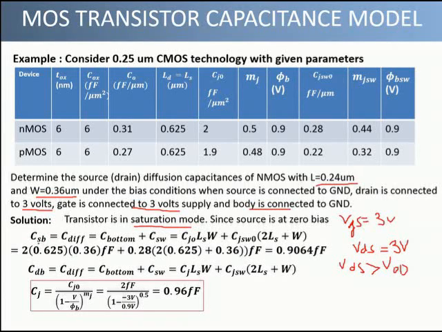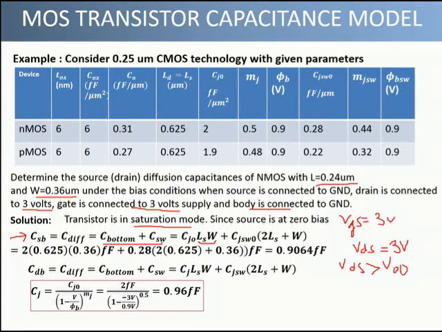So the total source to body diffusion capacitance is again calculated using the same formula. Since the source terminal is grounded, we have a 0 bias situation at the source body PN junction. So the source to body capacitance is equal to, for the bottom plate, the 0 bias junction capacitance per unit area multiplied by the area of the source junction.